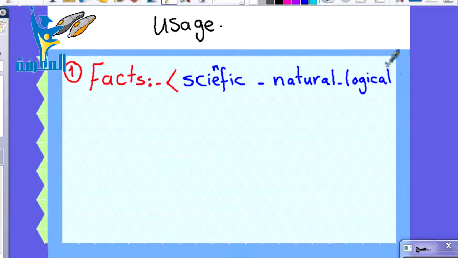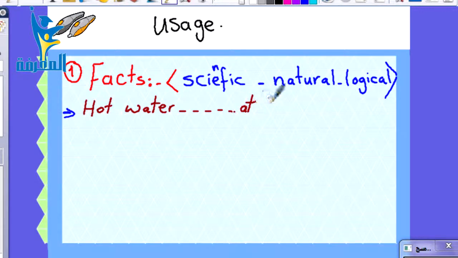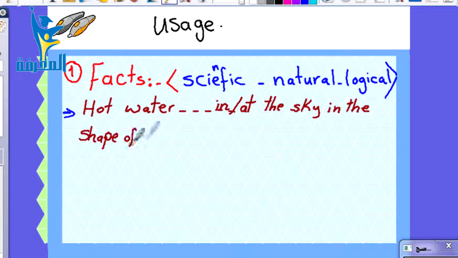Let's have some examples about these 3 facts. If we are going to give an example about scientific facts, we shall say: hot water in the sky, or in the sky, in the shape of vapor.